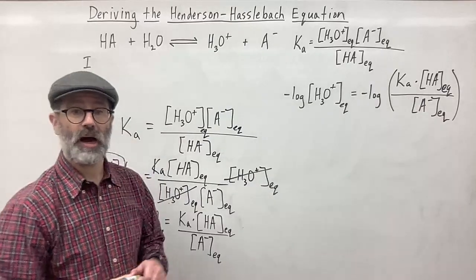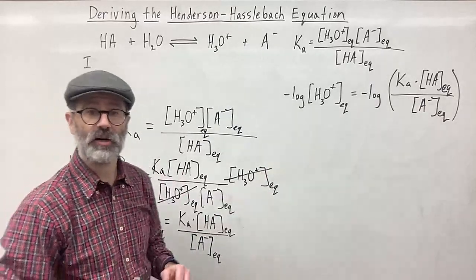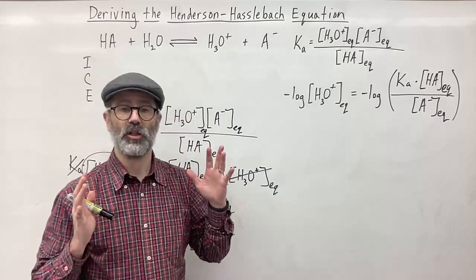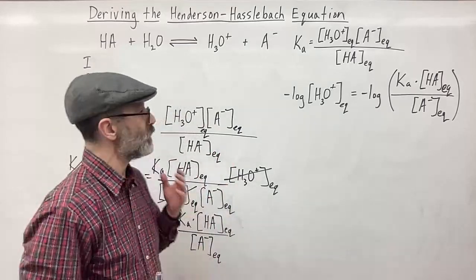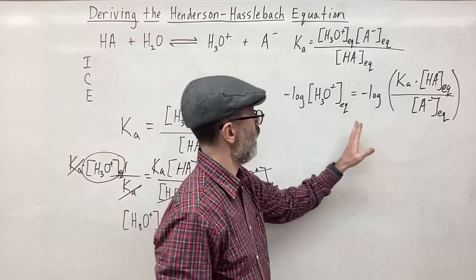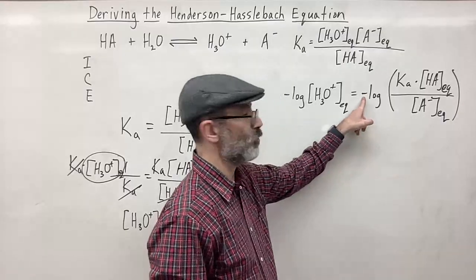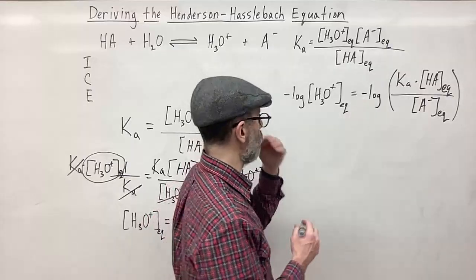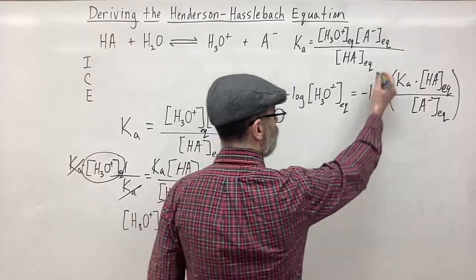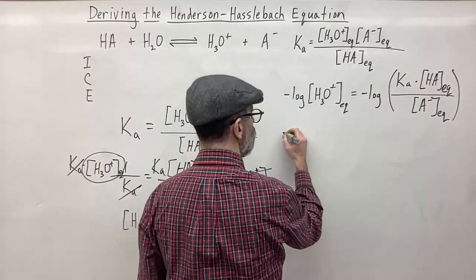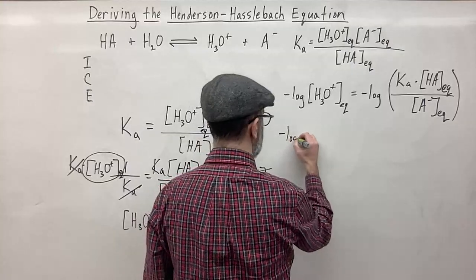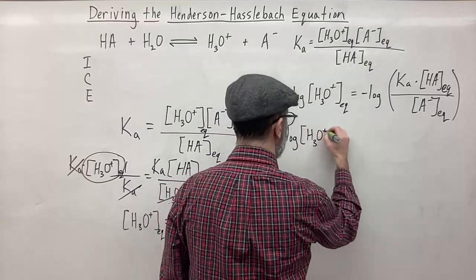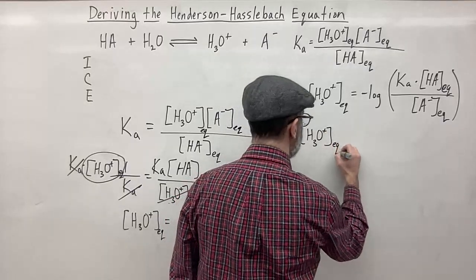Okay, so now I have this equation here. Now I have to use my knowledge of the laws of logs. But before I do that, I'm going to take that -1 out. So here I have the negative log of H3O+ at equilibrium.